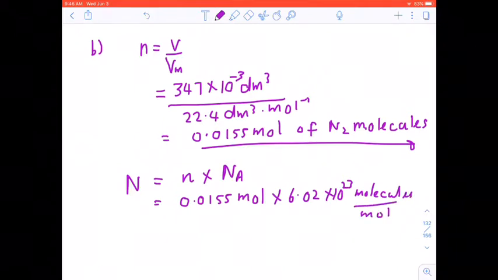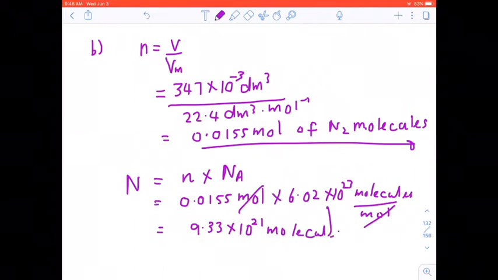The moles cancel out, and that gives us 9.33 times 10 to the 21 molecules.